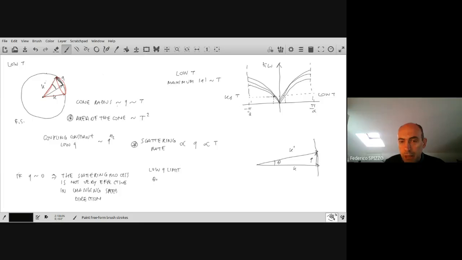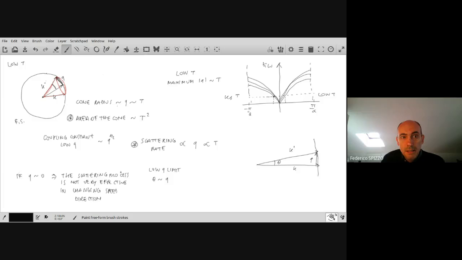So for low q values, theta is nearly equal to q. So the value of theta is proportional to the value of q, not equal, because that is an angle and that is a wave vector. So we may say that theta scales with the value of q.